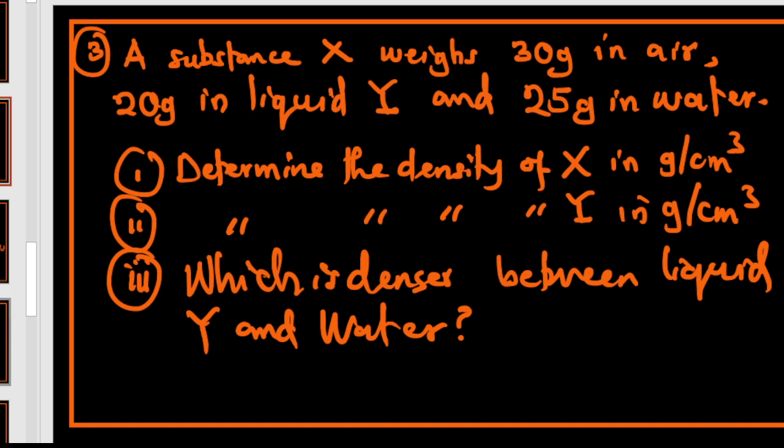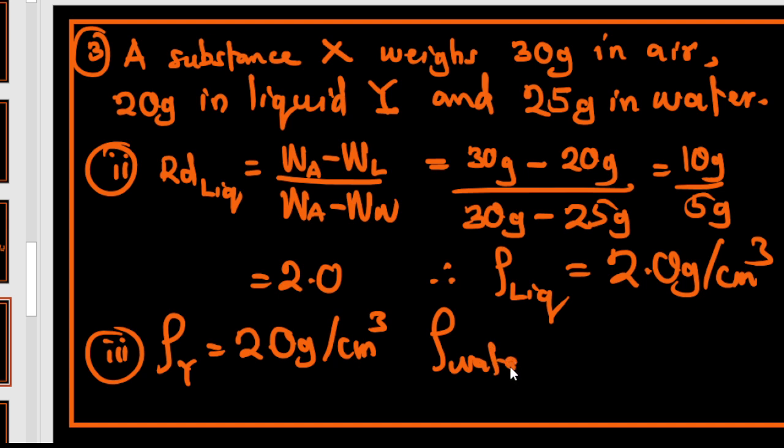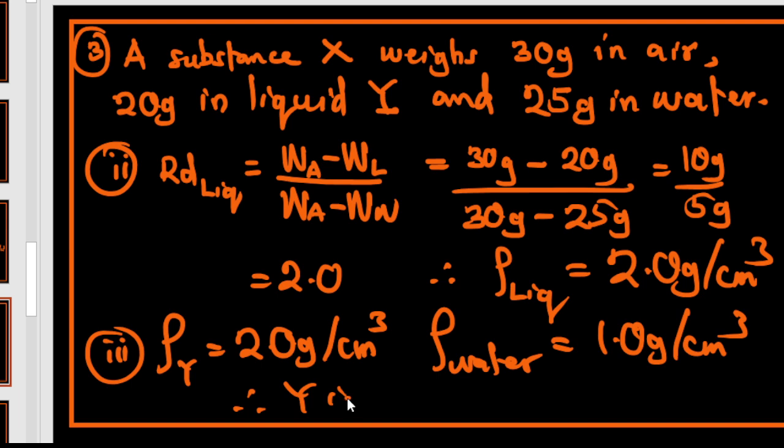Okay, we found the density of liquid Y. Density of Y is 2.0 gram per cm cube. Density of water that we know is 1.0 gram per cm cube. So we have Y is denser than water. So this is what you have for the density of Y versus the density of water.